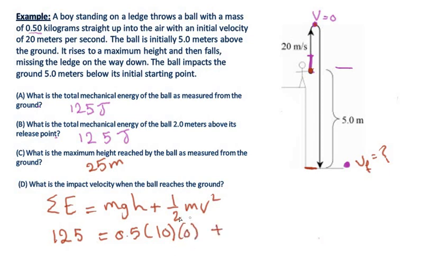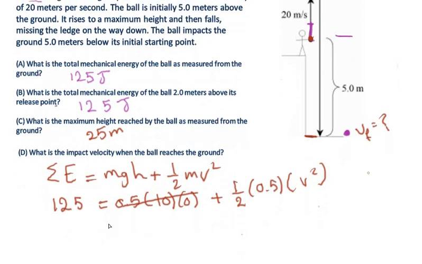Plus half times the mass, again half, times v squared, which is the unknown. Now this is all 0 because 0 times any number is 0. Then we have 125 equals half of half, which is 1/4. Let's write it as 1/4. It's easier to deal with fractions because on the SAT test you're not allowed to use the calculator.